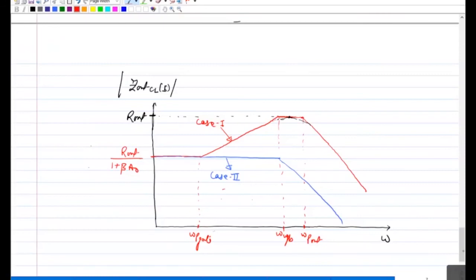So let's say I am looking at an open loop response, correct? Go back to the open loop. In the open loop, where will you start from? What will be the flat impedance, the DC impedance? R out. Okay.